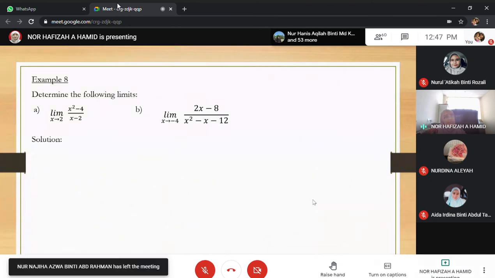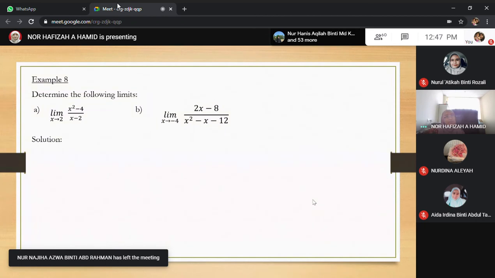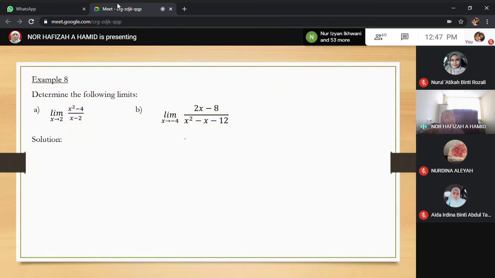Okay, you need to determine the following limits. Okay, so kalau you tengok example 8 ni, dia different compared to example 7. Since example 8 ni, function dia in terms of fraction. So yang ini fraction, second example pun dia bagi in terms of fraction. Okay, so bila fraction, first step dia sama macam sebelum ni, you kena substitute value dulu. So you substitute value, sama macam yang example 7.